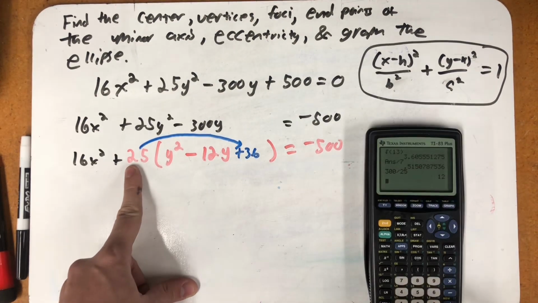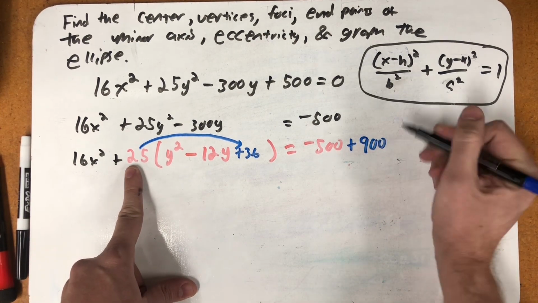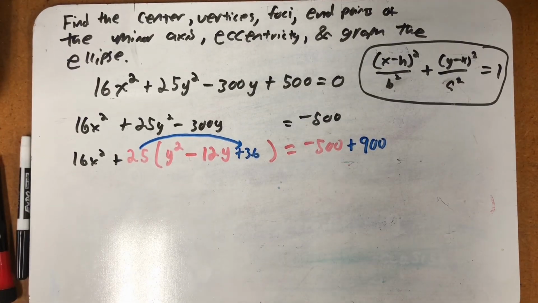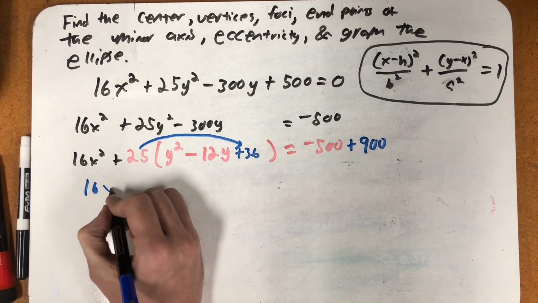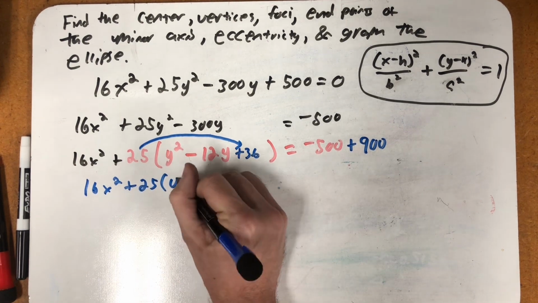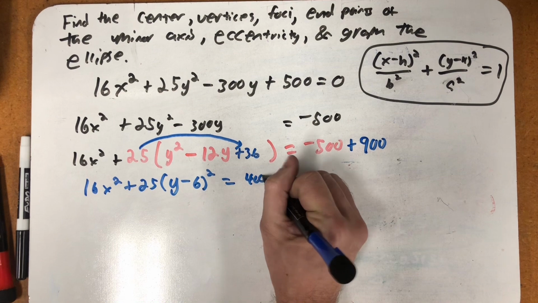So I didn't add 36, I added 25 times 36, which is 900. We always have to remember the distributive property of multiplication over addition there. All right, 16x squared plus 25 times y minus 6 all squared is equal to 400.